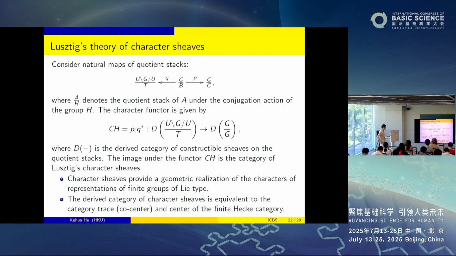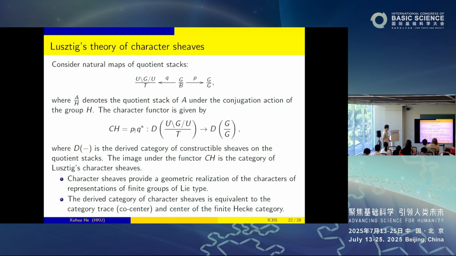This has many beautiful properties, and I will only list a few. First, the character sheaves provide the geometric realization of the characters of the representations of finite groups of Lie type. Also, the derived category of character sheaves is equivalent to the categorical trace, or categorical cocenter, and also the categorical center of the finite Hecke category.